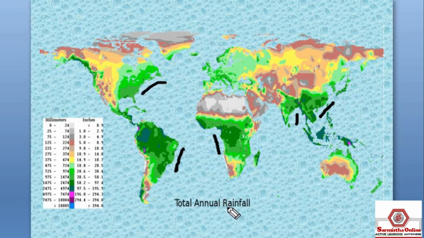Here in this map, the dark green color is above 4000 millimeter rainfall, and as the color fades, the rainfall also becomes low. Okay, and an index has been given. So if you follow the index, you can understand the rainfall range.